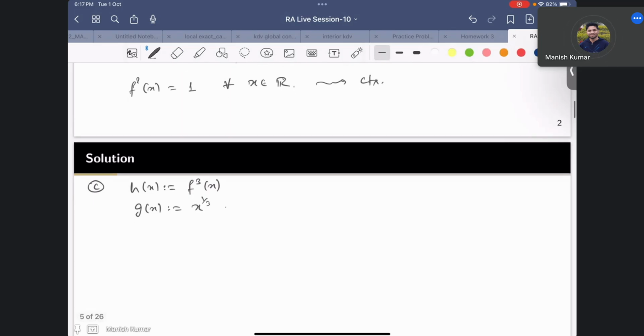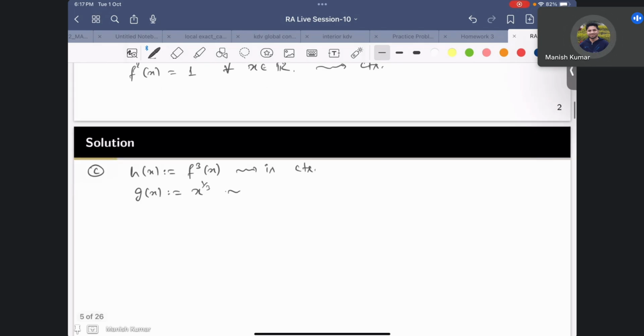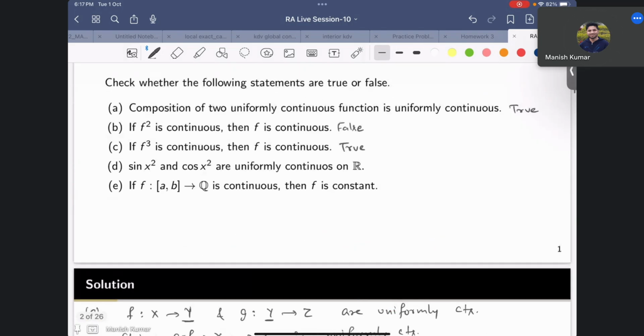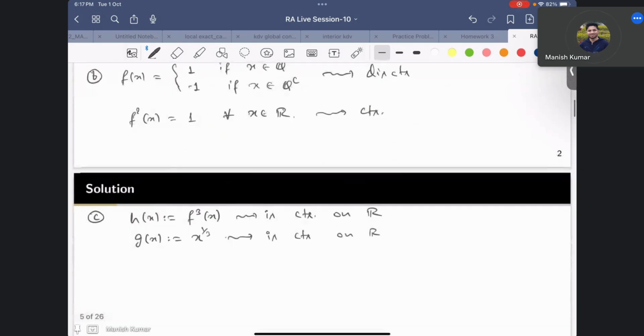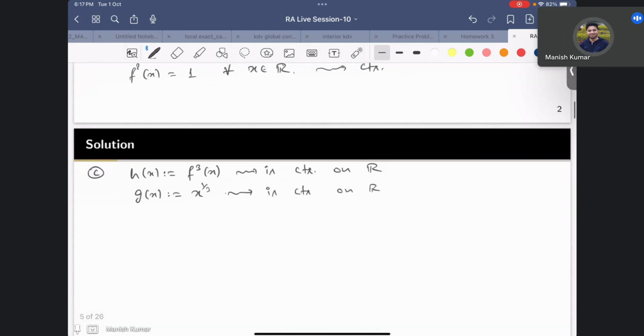It is given that f cube is continuous, so h is continuous. g we already know is a continuous function on R. It's defined on the whole real line, so it is continuous on R.